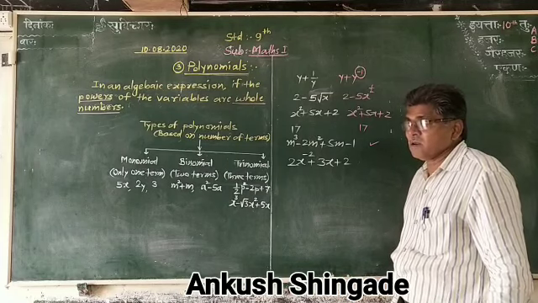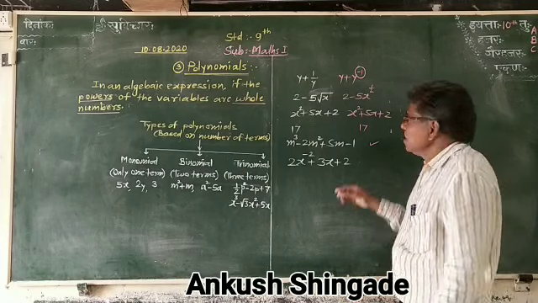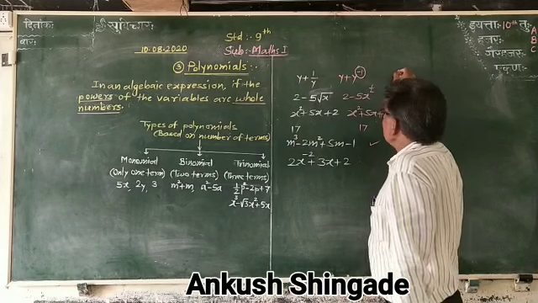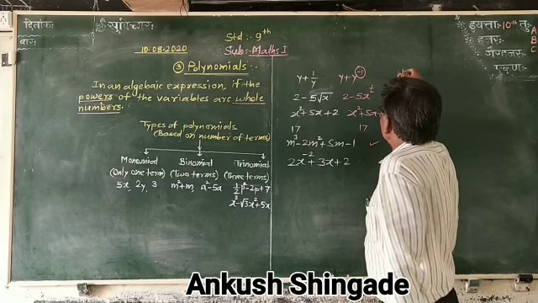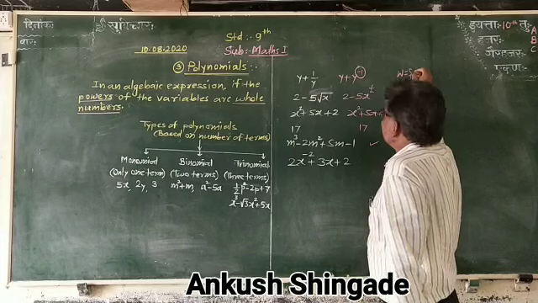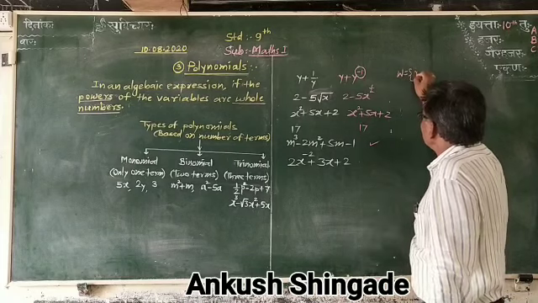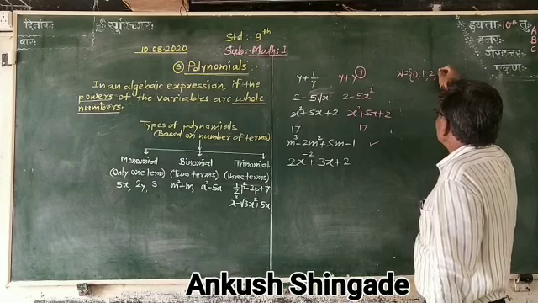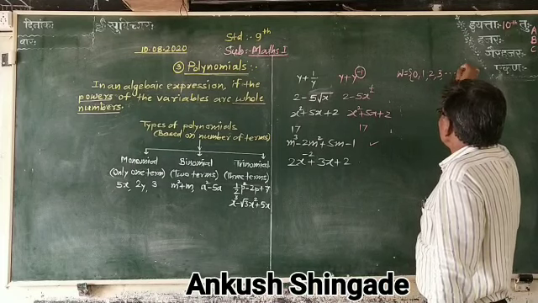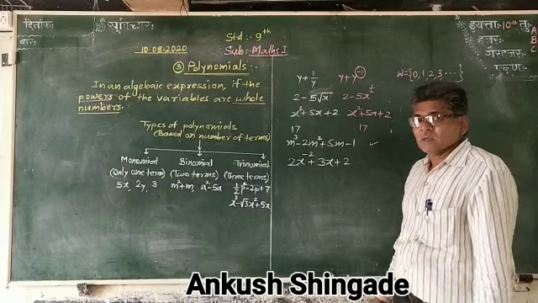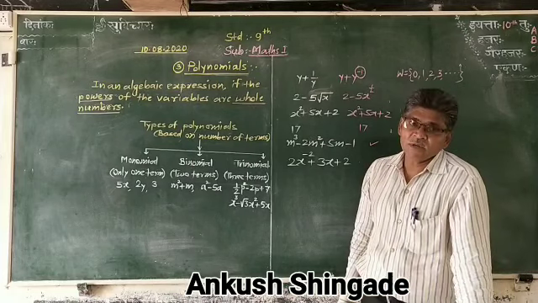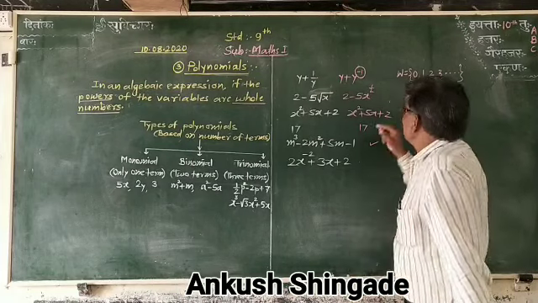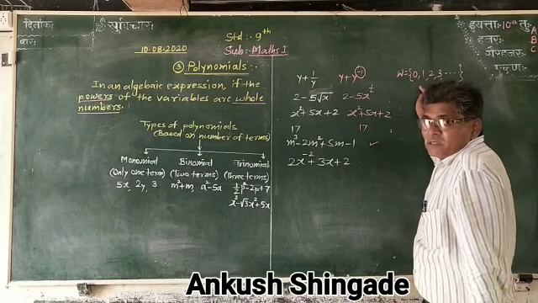You know the set of whole numbers, that is W, which starts from 0. First whole number is 0, then 1, 2, 3 and so on. So in the set of whole numbers, these are the numbers.